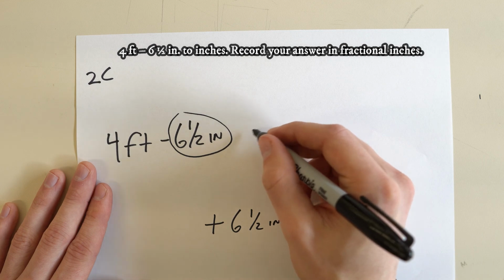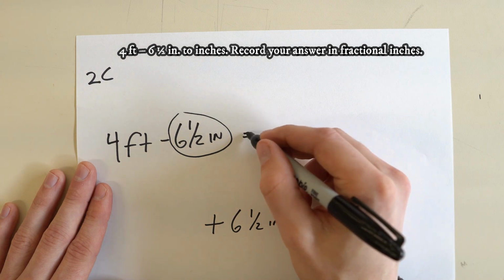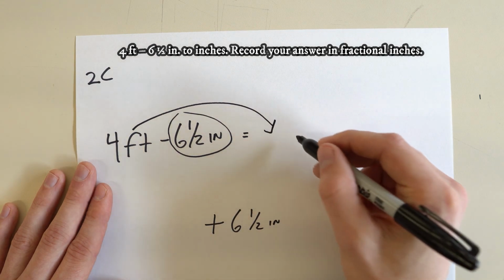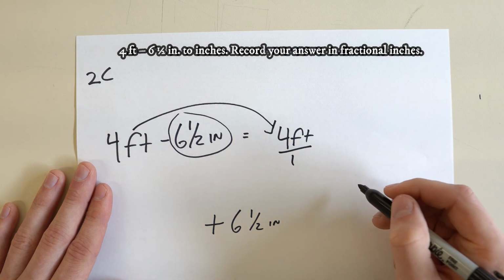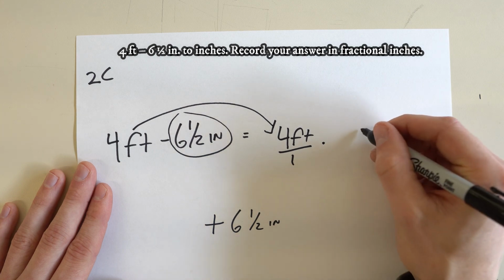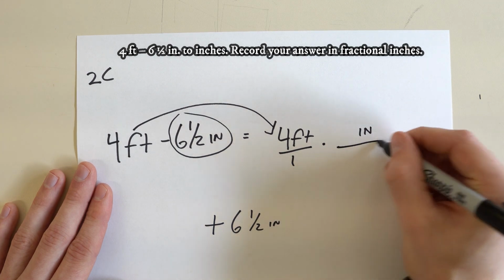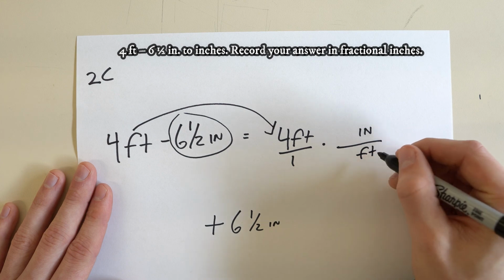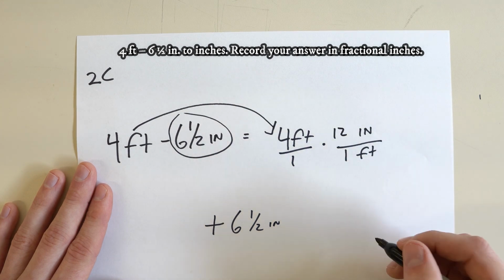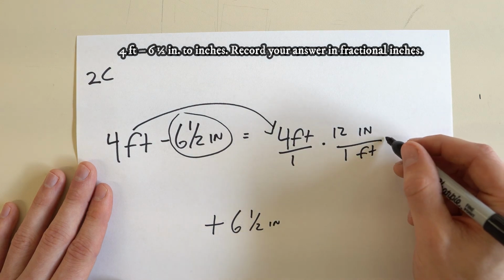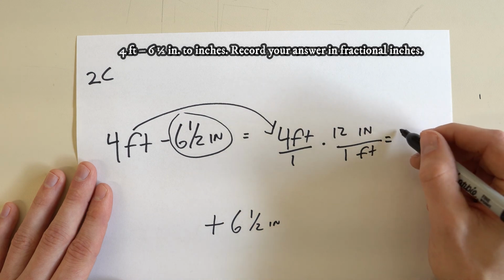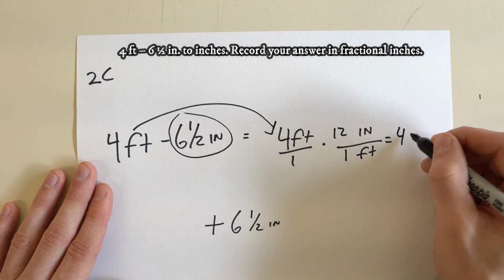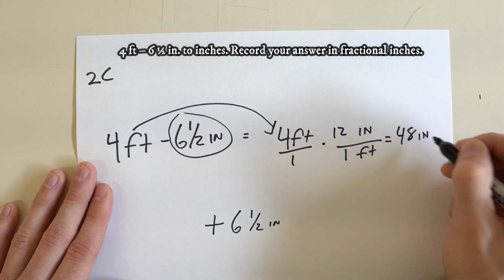Then what I'm going to do over here is take my 4 feet. I'm going to say 4 feet over 1. My desired here is inches, my given is feet. So 1 foot equals 12 inches, which is going to give me 48 inches.